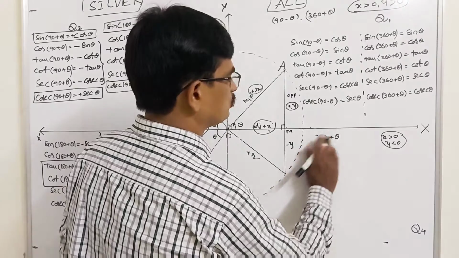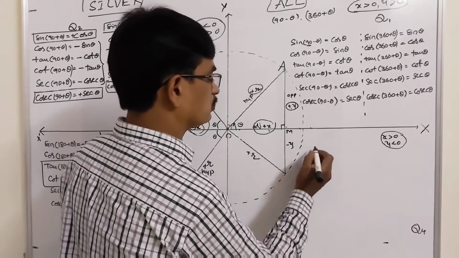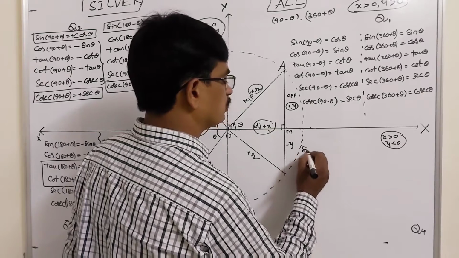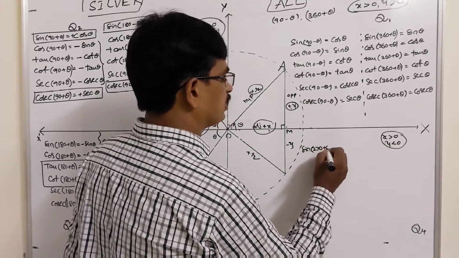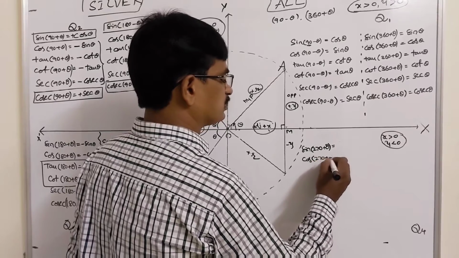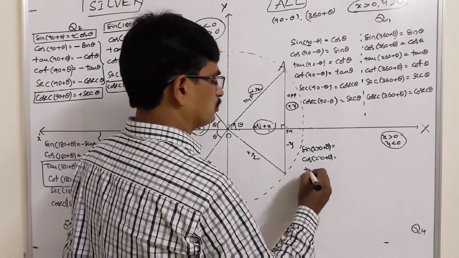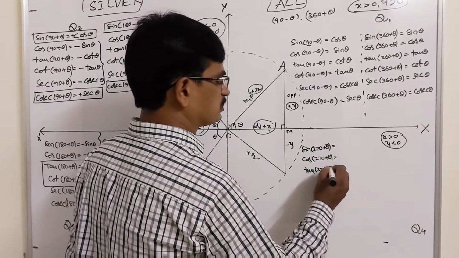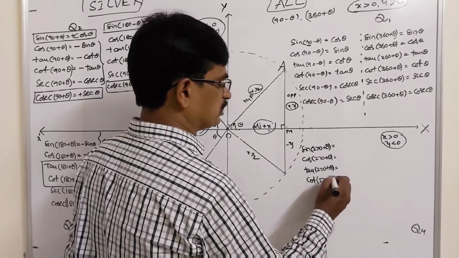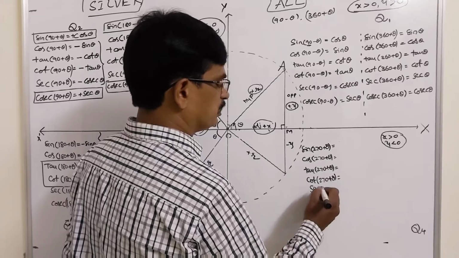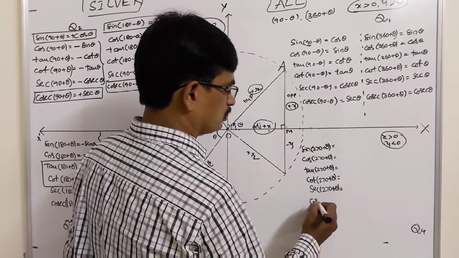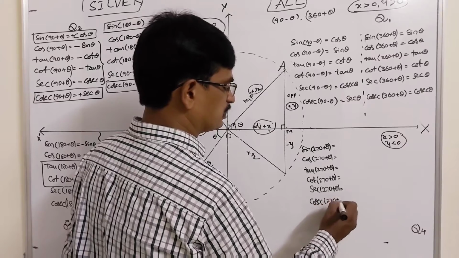Now here sine of 270 plus theta, odd number of right angles are there here. 270 plus theta, tan of 270 plus theta, cot of 270 plus theta, secant of 270 plus theta, cosecant of 270 plus theta.